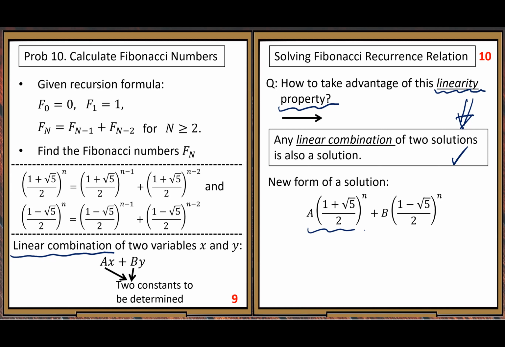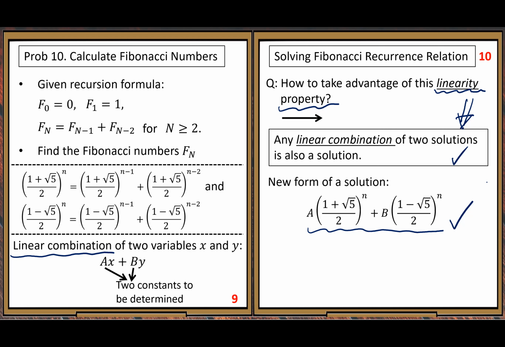Here the question: can you see this new expression gives us a new solution for any capital A and capital B? Although we do not know the values for A and B, don't worry, for any capital A, capital B, this form is always a solution. Can you see that?